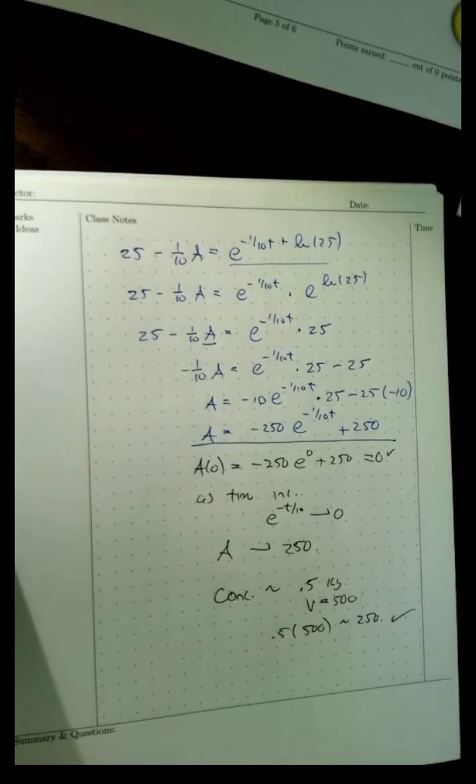So for going out, I'm going to have 50 times A divided by the volume of the tank. So the rate of change of the mass in the tank is going to be the rate in, which is 25 kilograms per hour, minus 50 over V naught, and V naught is some constant, the volume, times A, but A is a function of t. So I now have my differential equation.